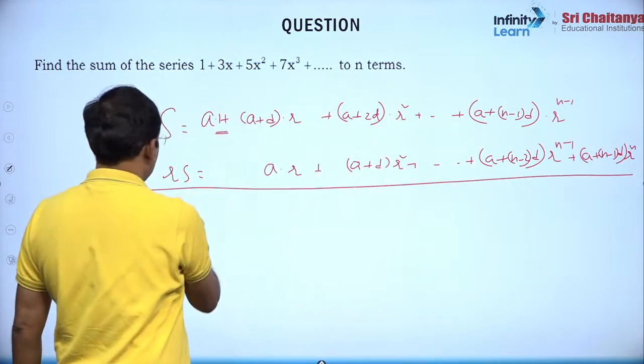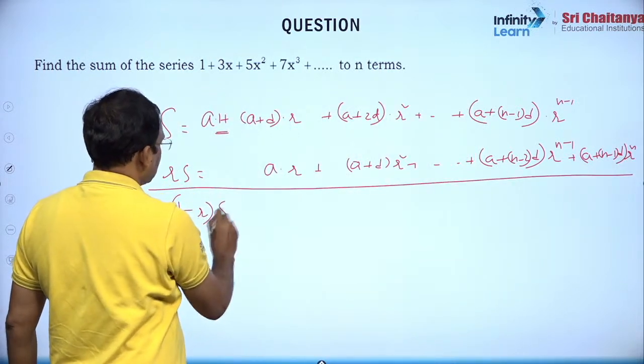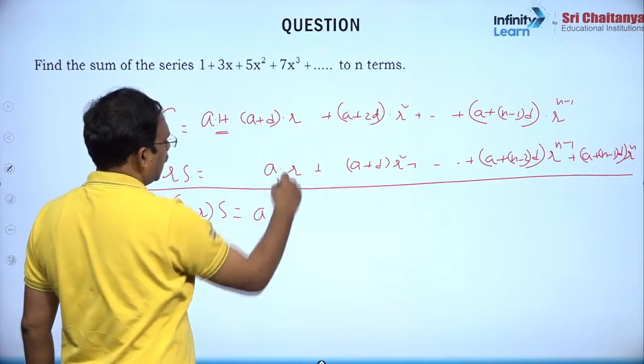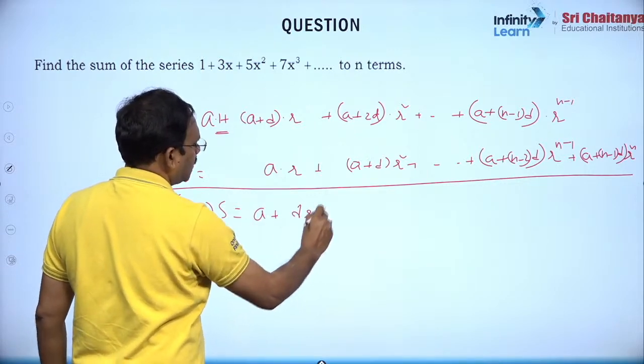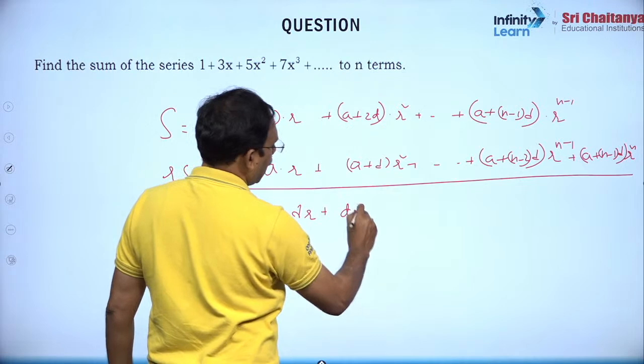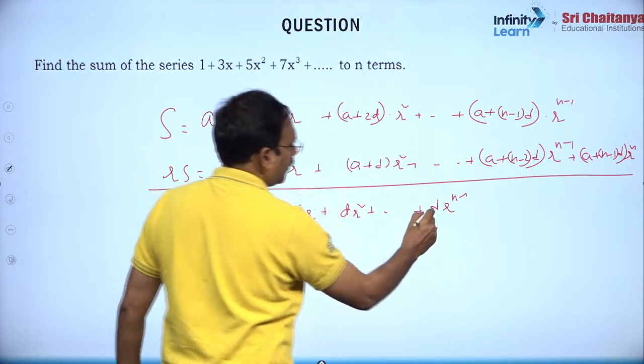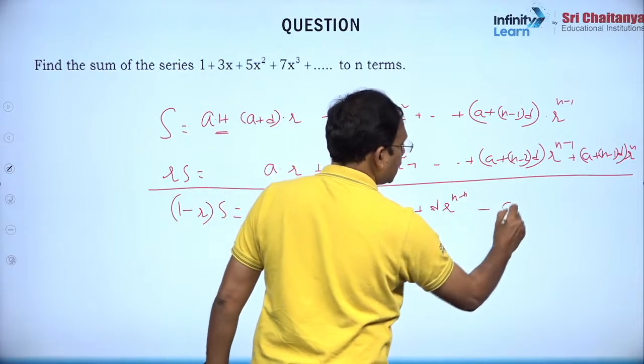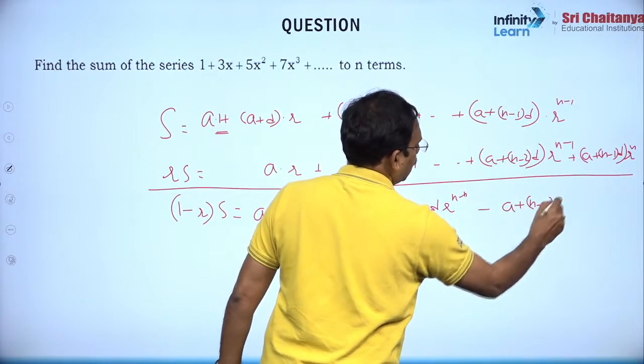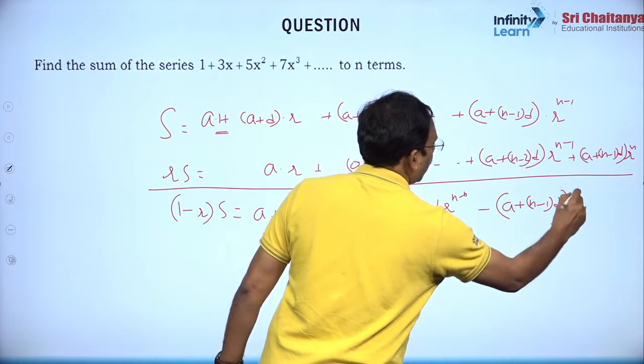So my dear friends, now you subtract: (1 minus r) into S is a plus, you subtract, my dear friends, this is dr, this is dr square, and so on, dr power n minus 1, minus (a plus (n minus 1) d) into r power n.